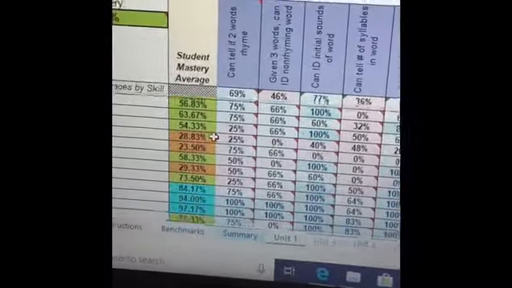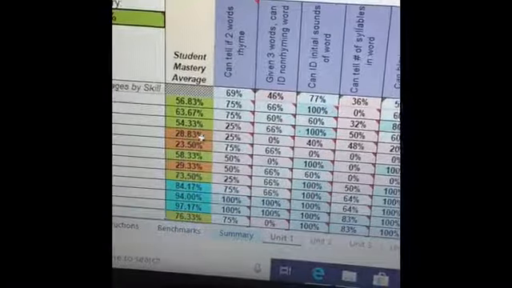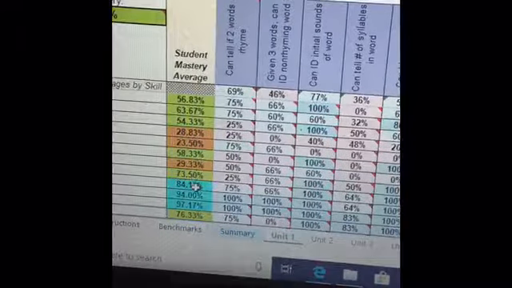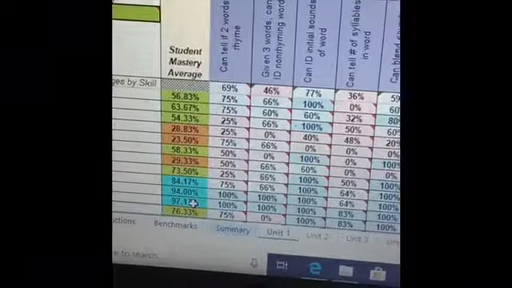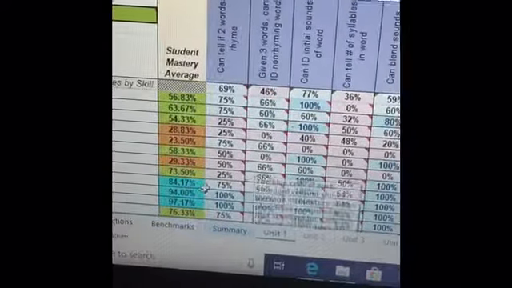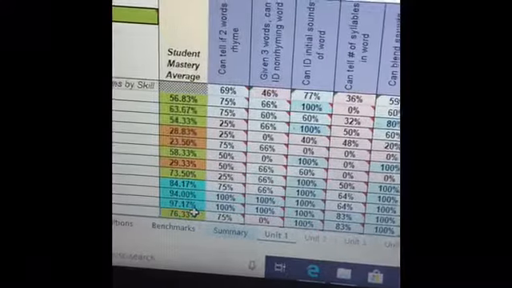And then I was able to continue tracking and notice there were some students that had a level of phonemic awareness that was even higher, and therefore maybe they were ready to get started in reading or in other areas.